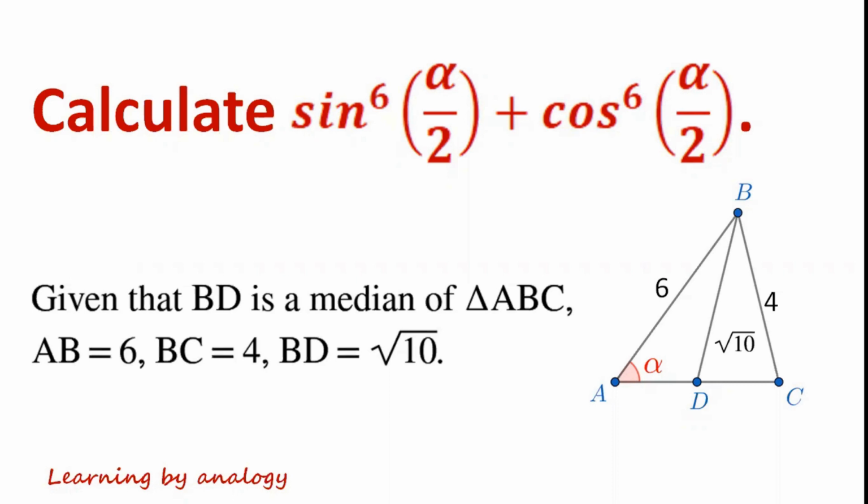Given that BD is the median of triangle ABC, AB equals 6, BC equals 4, BD equals √10.